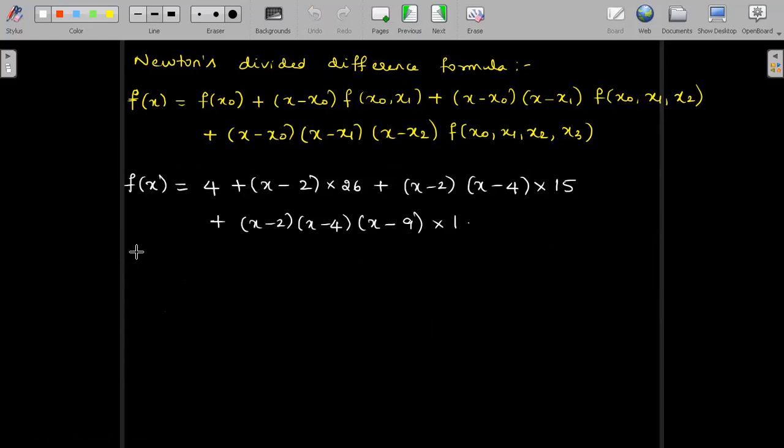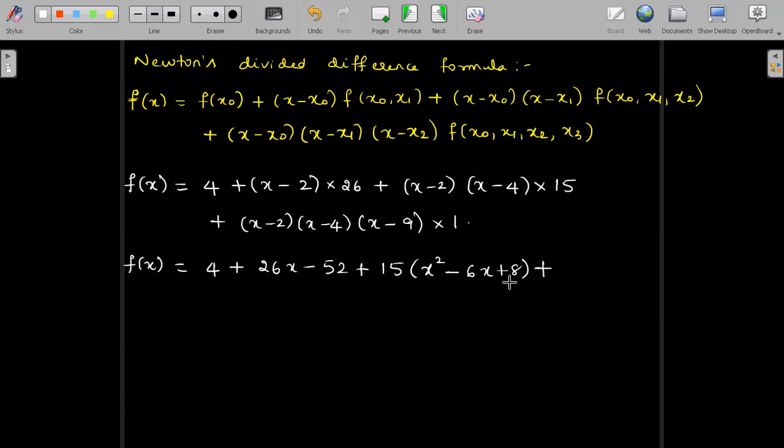Now let us simplify this polynomial. 4 plus 26x minus 26 into 2 is 52, plus 15 is multiplied with the product x minus 2 into x minus 4. Let me multiply these two. This gives a quadratic equation: x square minus 6x plus 8 multiplied by 15, I have already written.